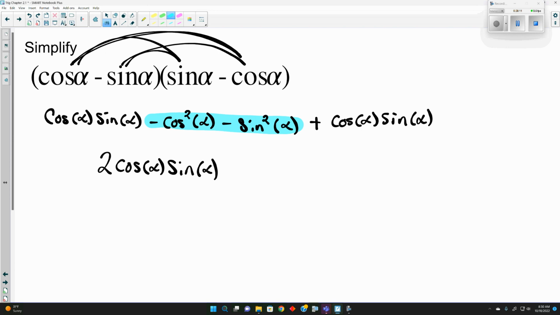Because the one that we have is what? Sine squared plus cosine squared is 1, yes? Well, both of them are negative, aren't they? Can I pull that negative out? Yeah. Because I could factor the negative out of it, which would leave me with cosine squared of alpha plus sine squared of alpha. Yes?